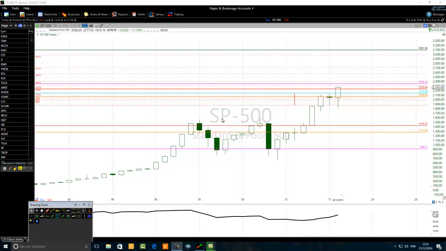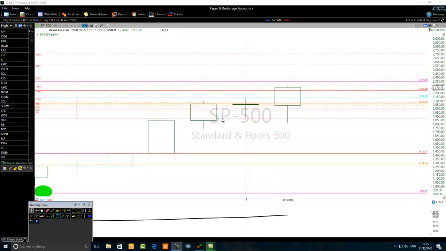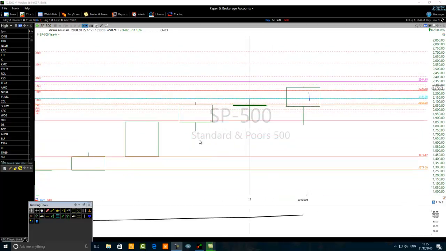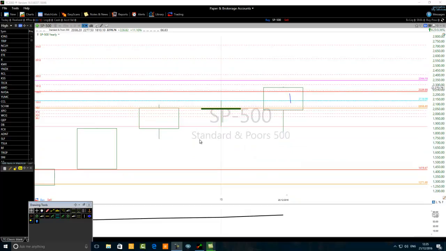So I apply Fibonacci extension to the range of the candlestick of 2015, and then we want to pay attention to the Fibonacci extension levels. Those are hidden key levels. You can see that the price is now quite close to the 161.8% Fibonacci extension level of the range of 2015.